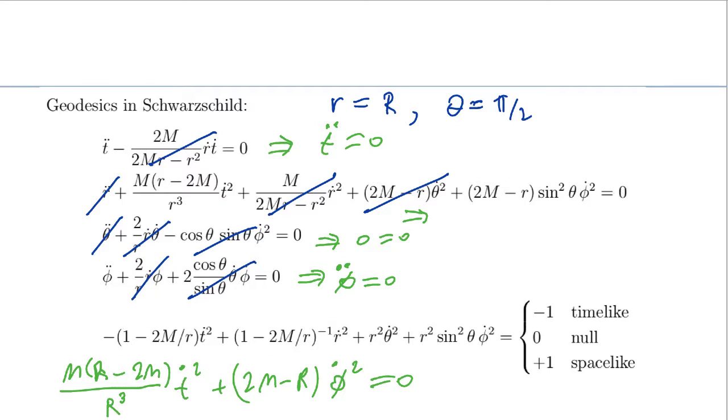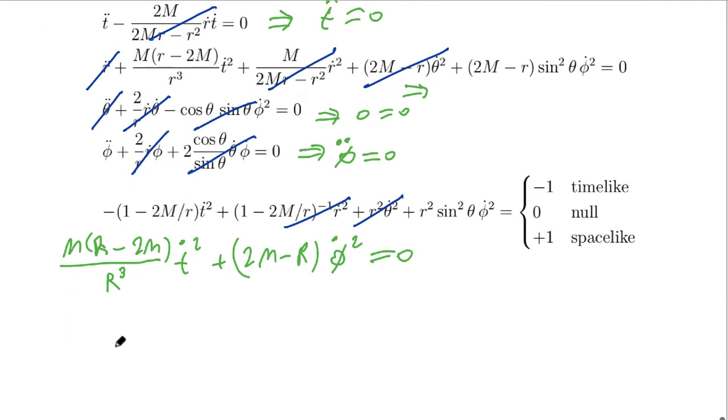And for the normalization condition, we have r dot vanishes, so that term goes away, theta dot vanishes, and sine of theta is 1, so the normalization condition looks like minus (1 minus 2m over r) t dot squared plus r squared sine of theta, which is 1, times phi dot squared equals, and we're dealing with a time-like geodesic, so it's minus 1.